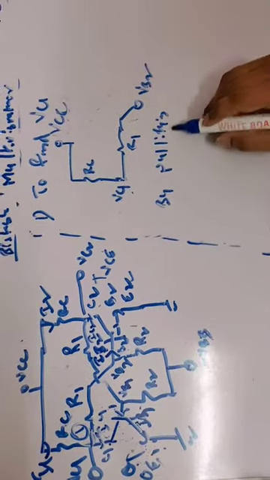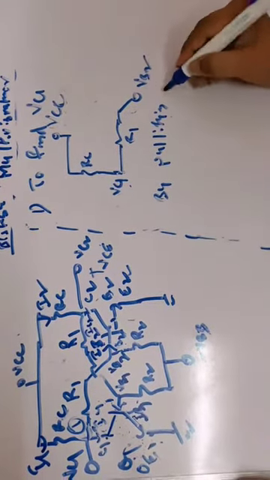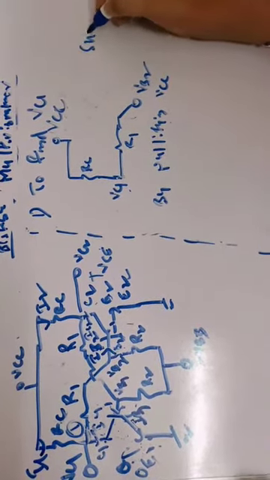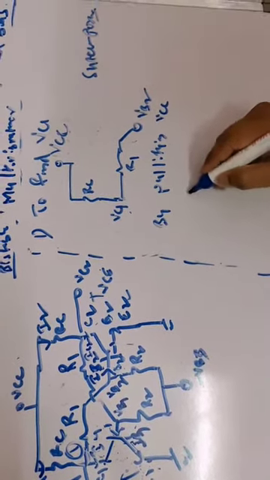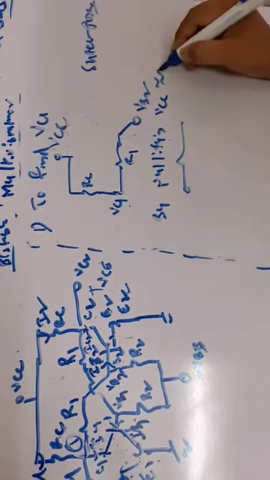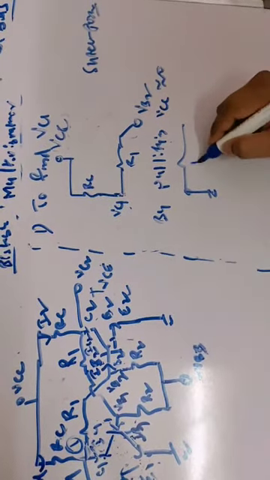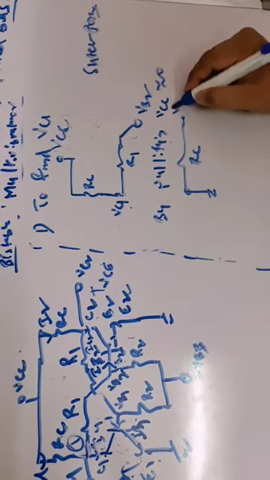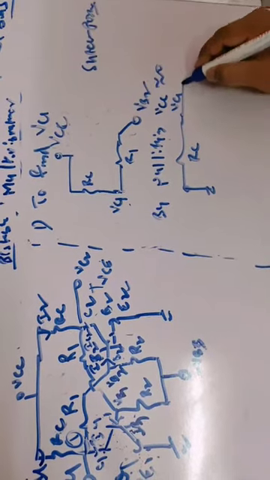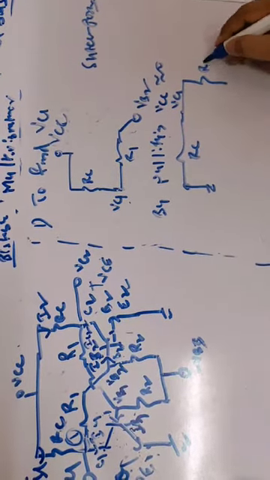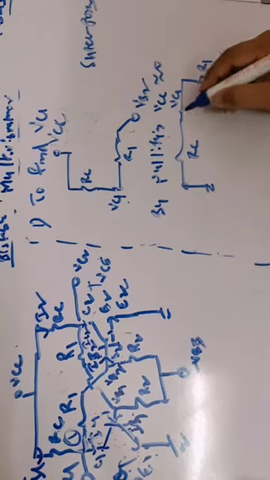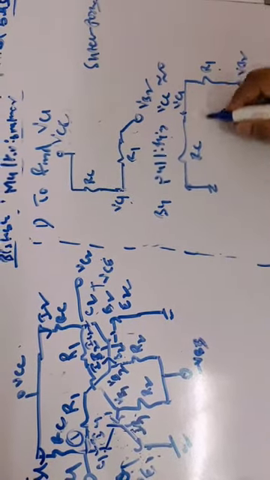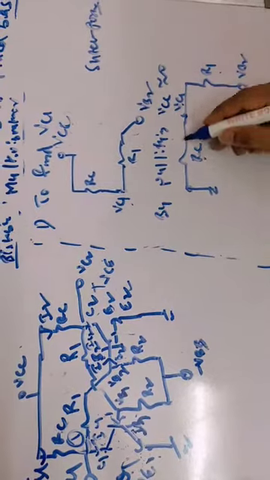Now the second case is by nullifying the effect of VCC here. Nullifying VCC means VCC is grounded with RC, and the potential at this point is VC1, and the applied voltage is VB2 here. Now this is the applied voltage, and it is dividing between R1 and RC. VC1 is the potential across RC here.